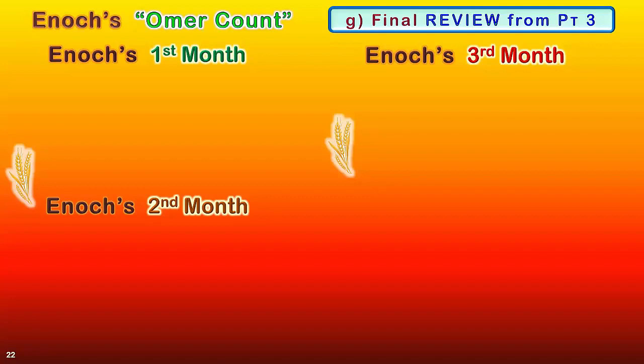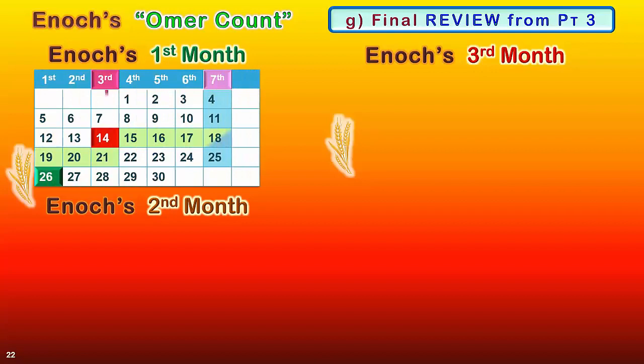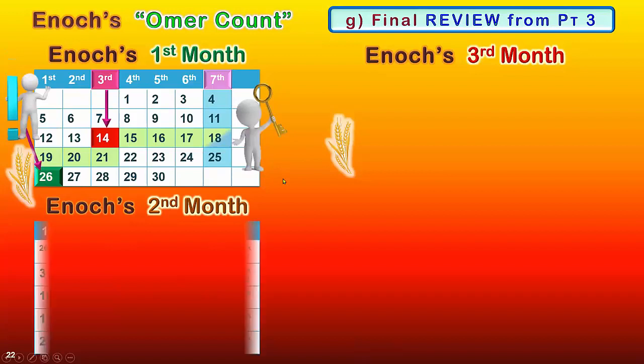Enoch's Omer count. This is the final review from part 3. Enoch's first month. There it is. The Passover is on the third cycle of the week. This is the key right here. Passover on the third cycle of the week. We need to remember this clearly.